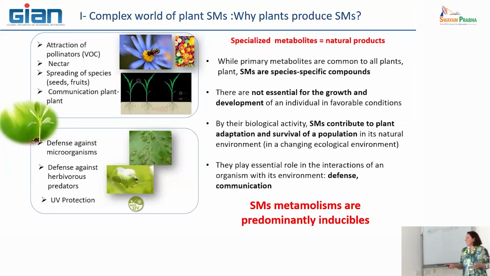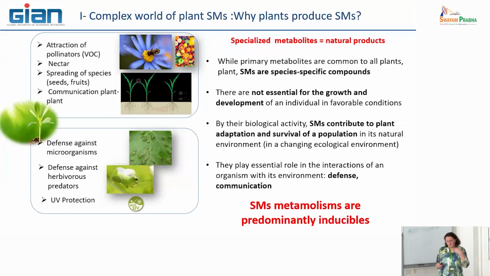Okay. So the message we have to keep in mind at the end of this slide is that these metabolites are not mainly constitutive, but predominantly inducible. So it means that it is sometimes difficult to discover exactly all the metabolites in a plant.